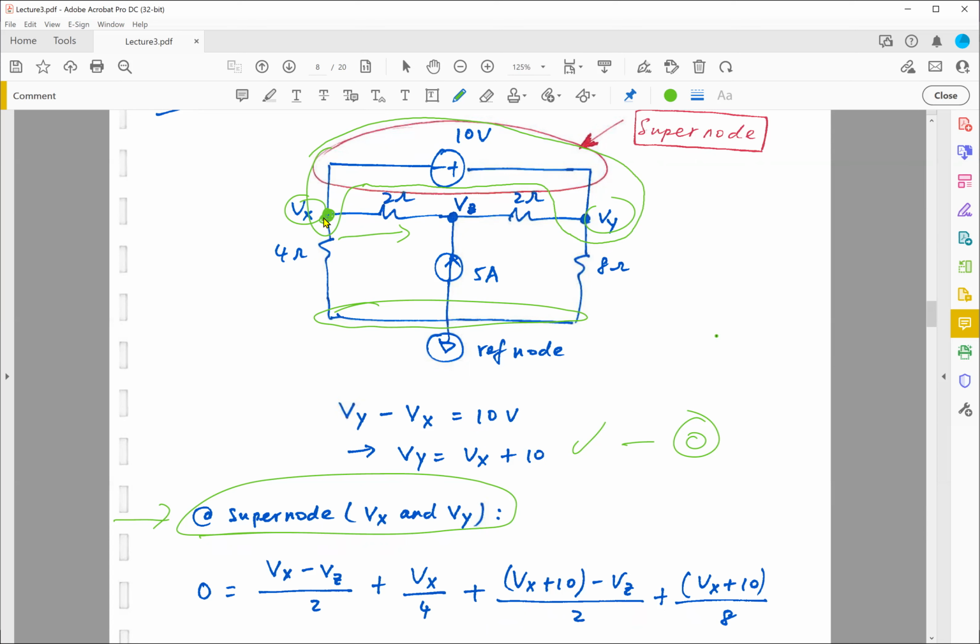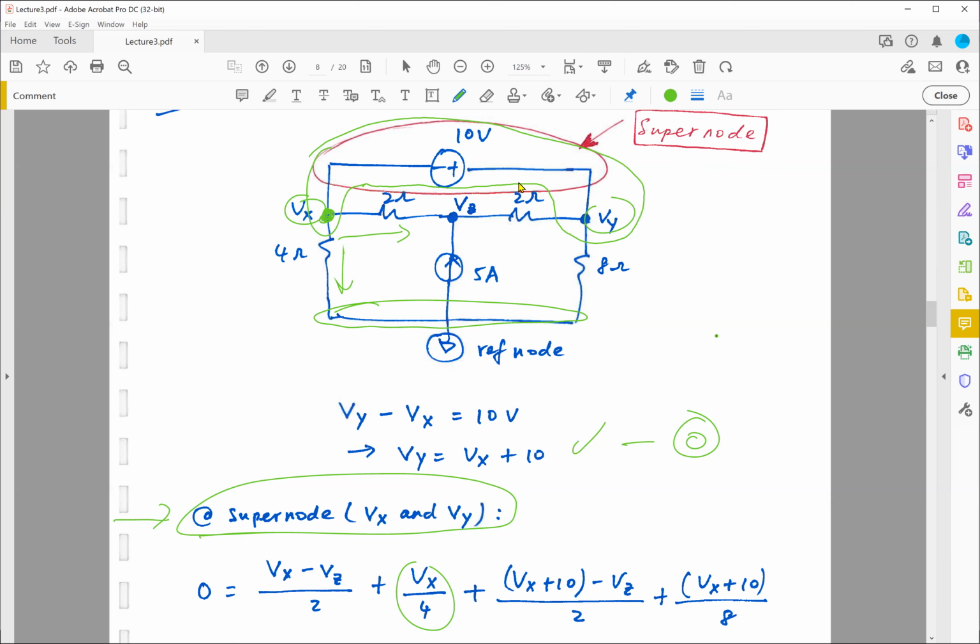Okay, Vx minus 0 divided by 4, this term here is the current flowing down this way. As far as the Vx node is concerned, I'm done already, right? Because I have identified the two currents flowing out of this Vx node, which is part of my supernode.